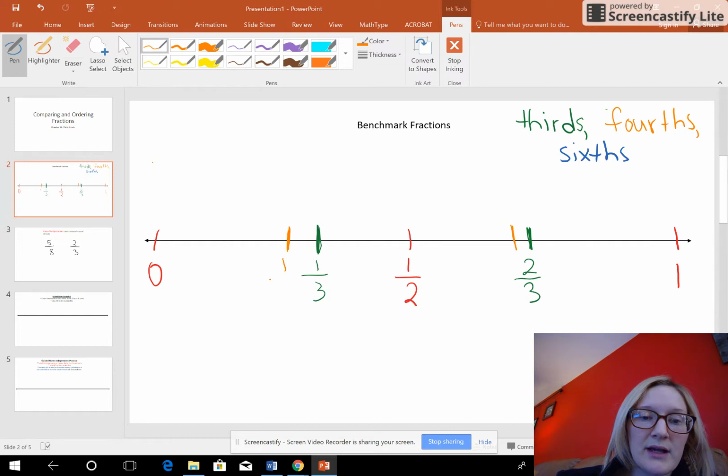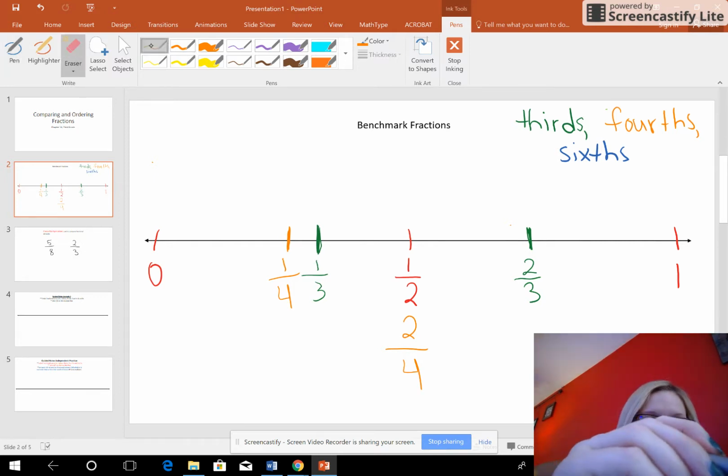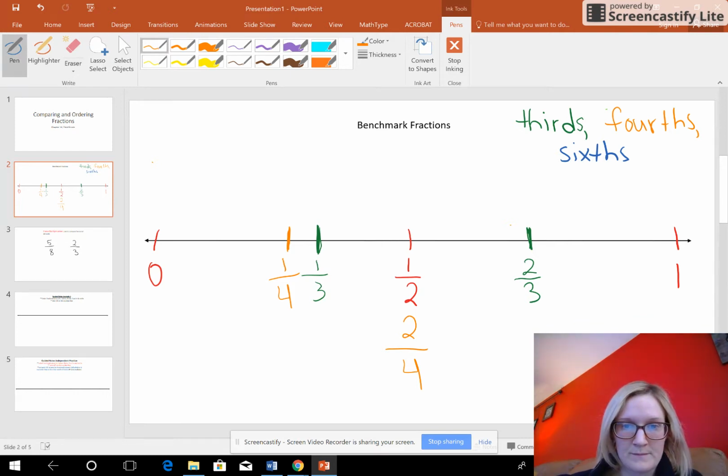So when I go ahead to label my fourths, 1/4, 2/4, and you know what? Let's move this over just a little bit more. 3/4, and then my 4/4 would be right there on my whole.